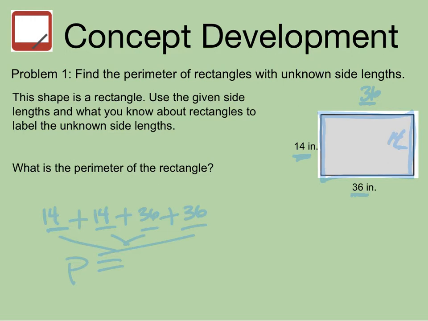So I would know that 36 plus 14 equals 50. I'm going to put that in a different color. Okay, so then I would have 50 plus 50 equals 100. So therefore, I would know that my perimeter is equal to 100 inches.